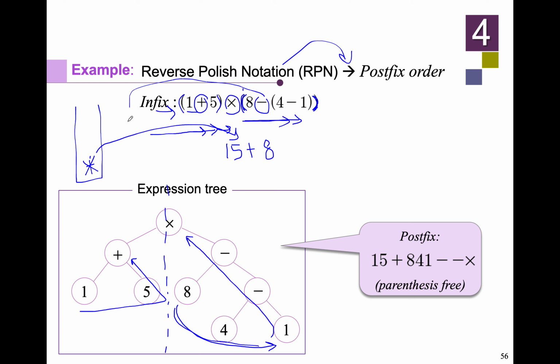You're going to push it into your stack, and you're going to meet another bracket. You can also put it here because you're going to store another one, but it's okay because you're not going to put it in the equation. Then you meet your 4.